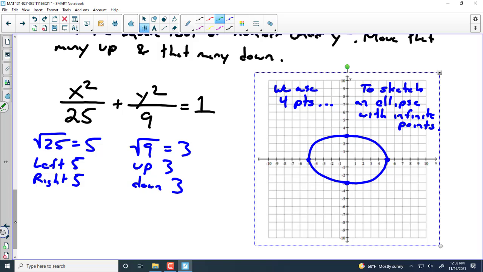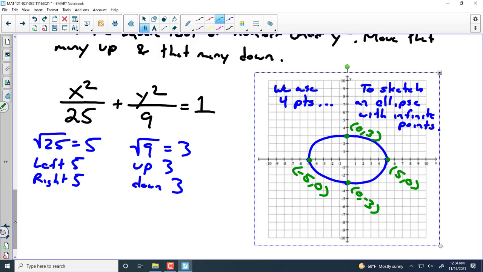For instance, let's label these 4 points that we use to help us draw this. What's this one right here? Negative 5, 0. On the other side? 5, 0. Up on top? 0, 3. Down on the bottom? 0, negative 3. These 4 points, along with infinitely many other points, are all on the graph of our ellipse.